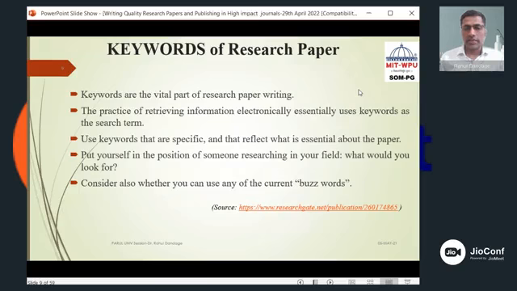If your keywords are not appropriate, maybe your research paper will go to somebody who has specified that particular interest, but he is not really an expert. So putting appropriate keywords, getting readers is one benefit, and getting the appropriate reviewer for your paper is another benefit of having your keywords right.